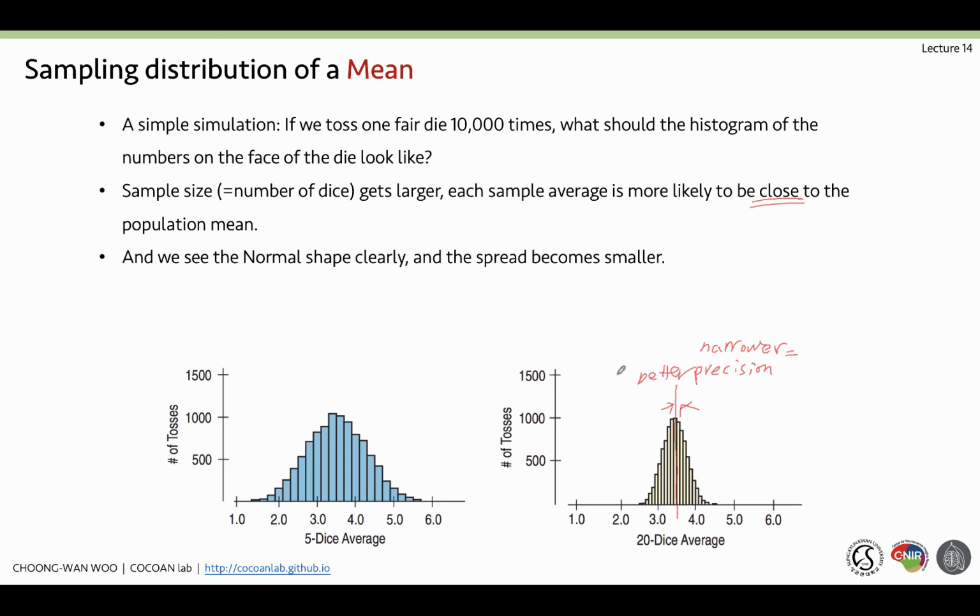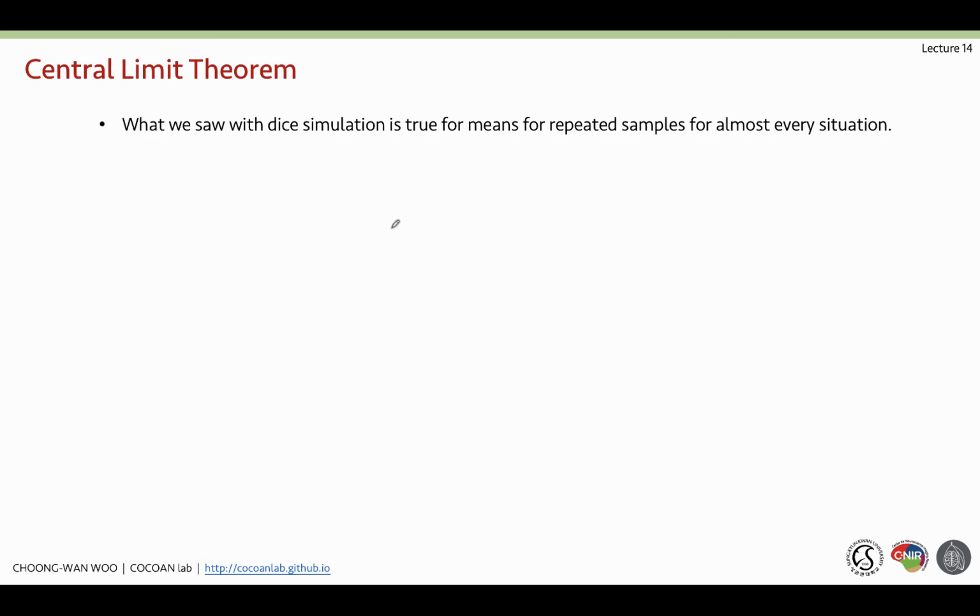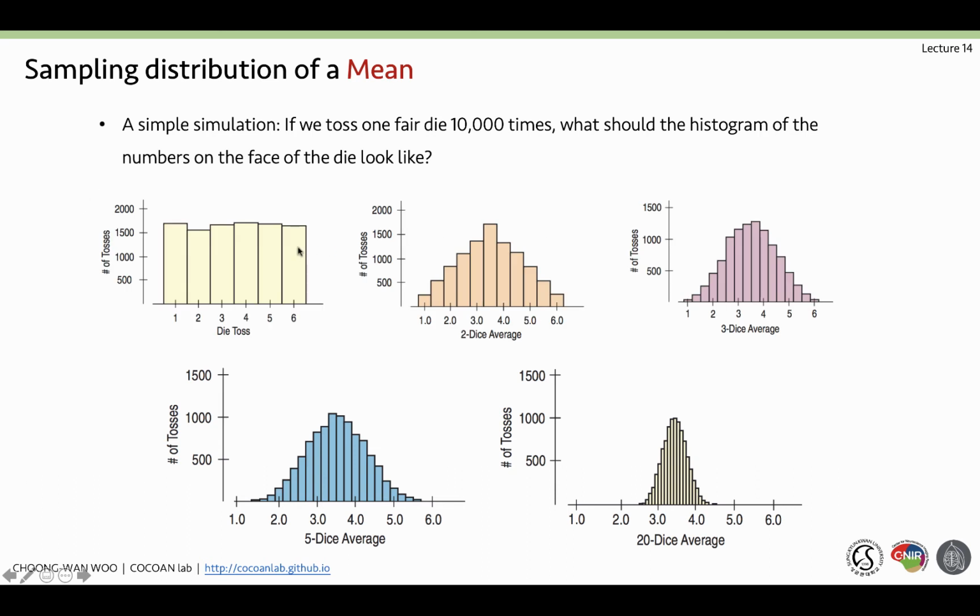There is a reason why this works, and it is the central limit theorem. What we saw with the dice simulation is true for means of repeated samples in almost every situation. In this dice case, the actual probability for each die is a uniform distribution. Each data point is really uniform, but if we sum up many different data points, it becomes a normal distribution.